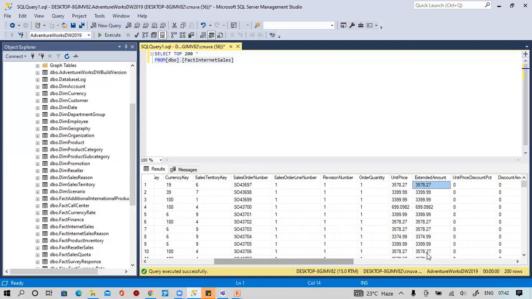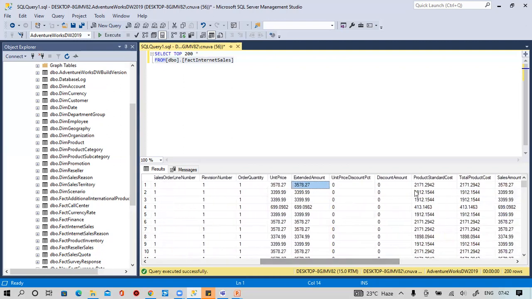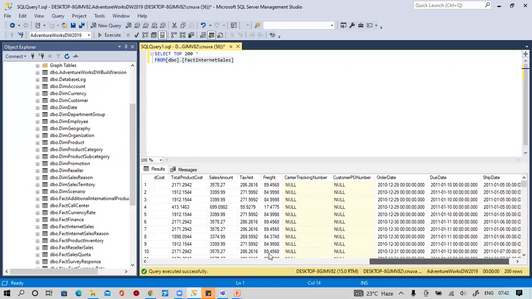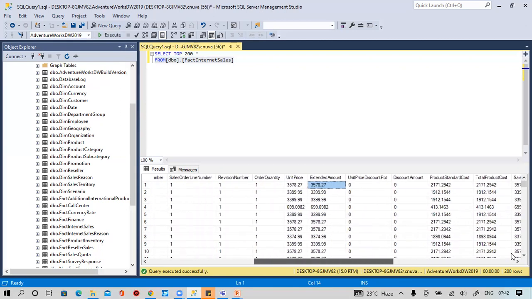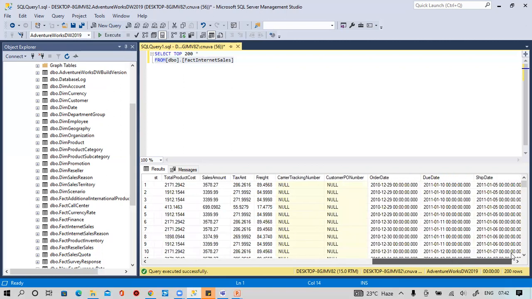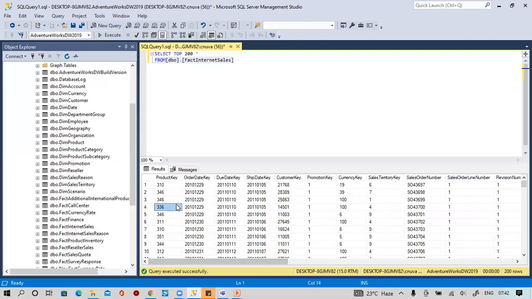This is the discount amount we got for the item. Here we have all the information about the money or measures and the key information. We don't know anything about 310, 346, something. So this is the fact table.